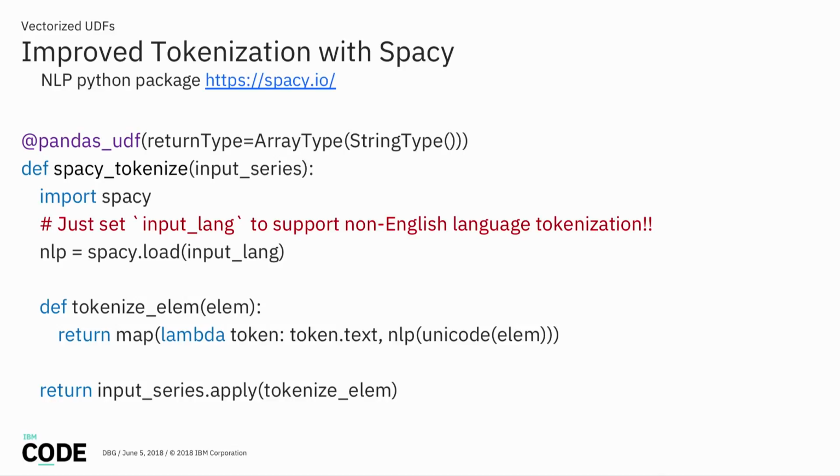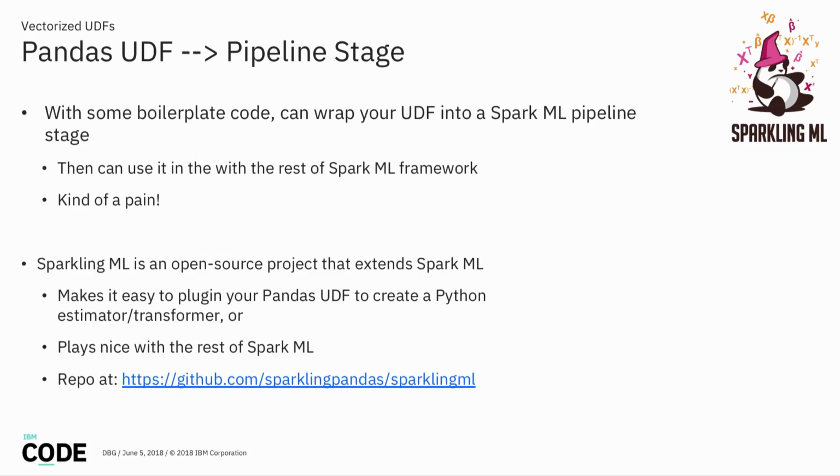So here our input series is a series of documents, and we use Pandas to apply the spaCy tokenizer to each document and return a Pandas series of string arrays. And this makes it really easy to configure language.